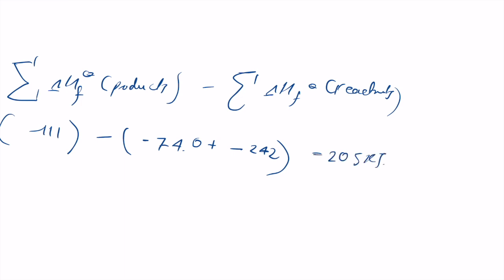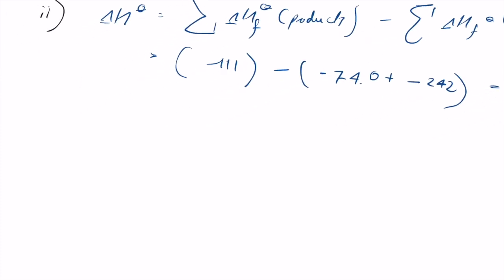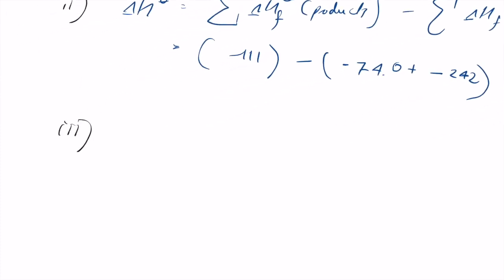Okay? So, question 3. Outline why the value of enthalpy of reaction calculated from bond enthalpies is less accurate. Well, remember that bond enthalpies are average enthalpies, that describe the amount of energy required to break a bond, but they're averaged across multiple different compounds.